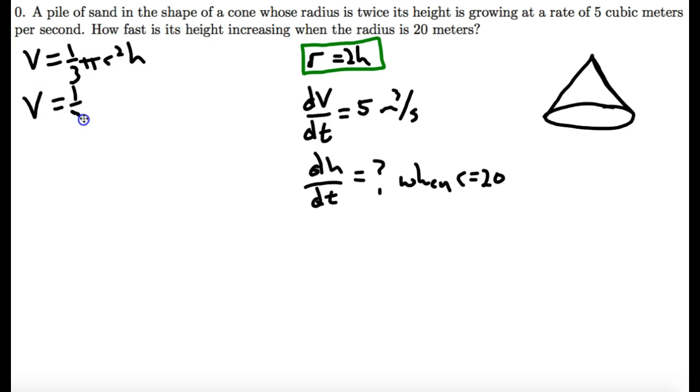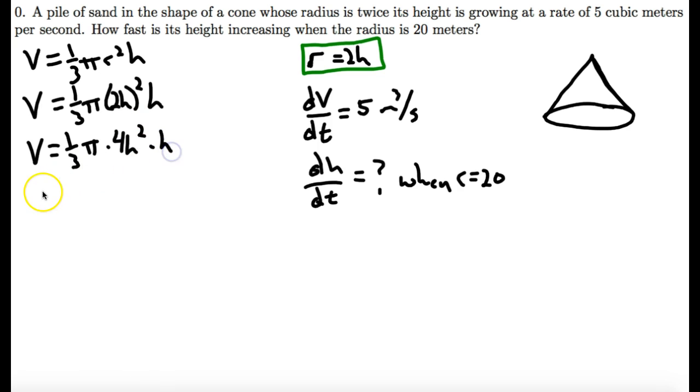So volume is 1/3 times pi times (2h) squared times h. Remember, we have to square both of these pieces. So this would be 4h squared times h.